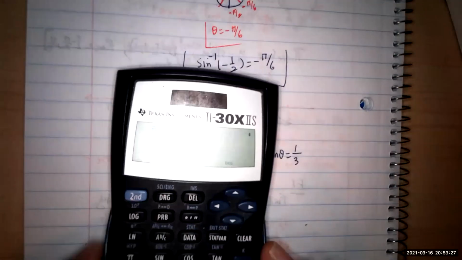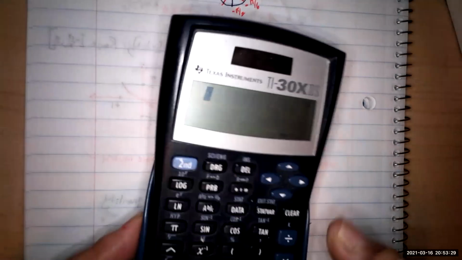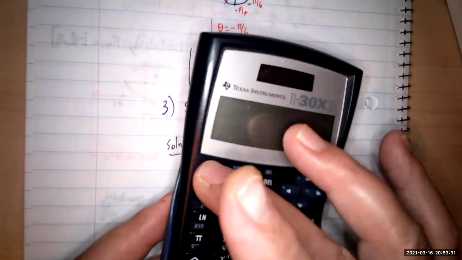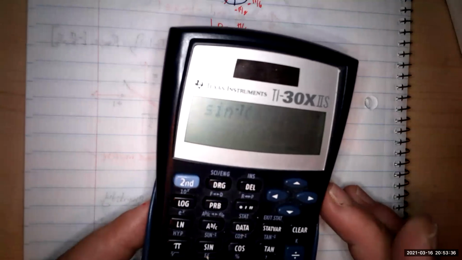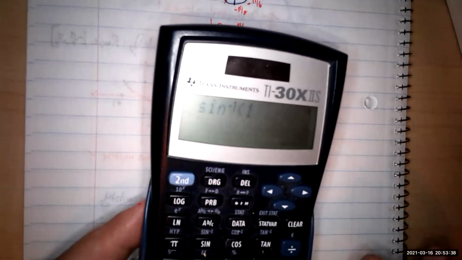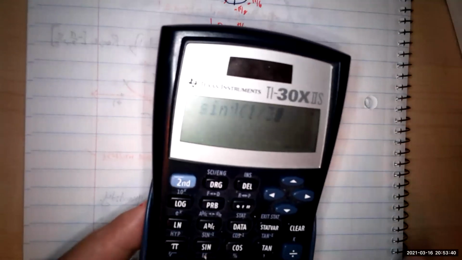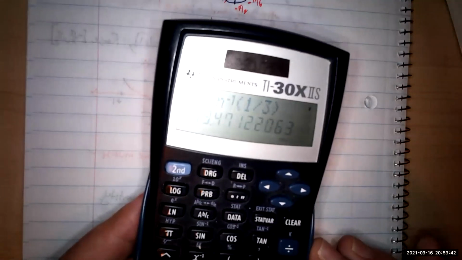So I want to find the sine inverse of 1/3. You go to the second function, and this is going to be the sine inverse, sine inverse of 1/3. You click.